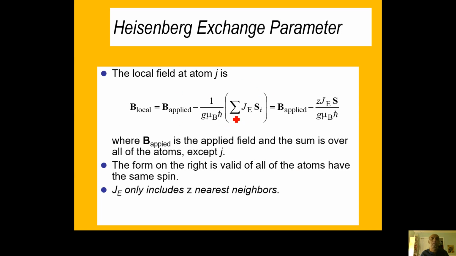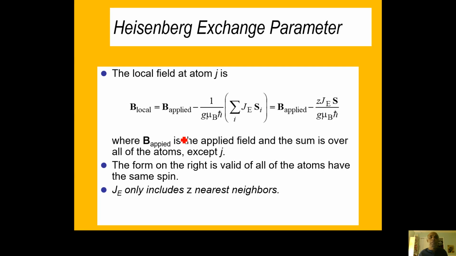If you consider similar spins in this summation, you can consider JE to be a constant, say J. Then if you take it outside the summation, the sum of S_i becomes the same S times your total number of spins.